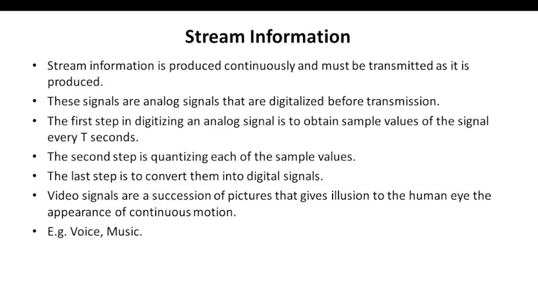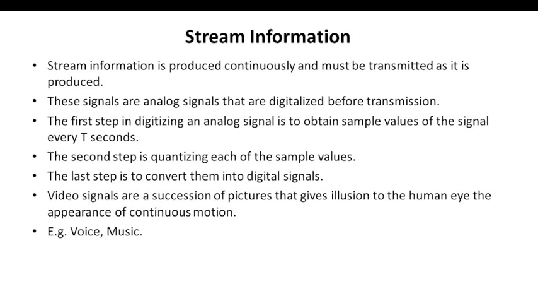Next, stream information. The stream information is produced continuously and must be transmitted as it is produced. These signals are analog signals that are digitized before transmission.